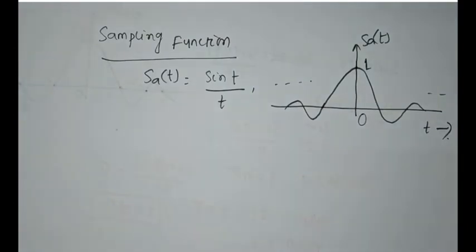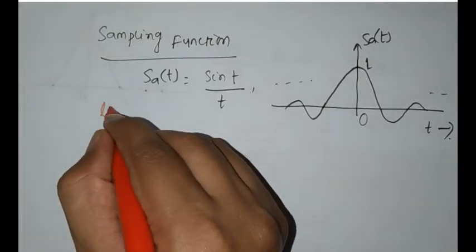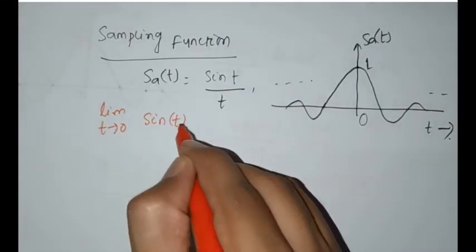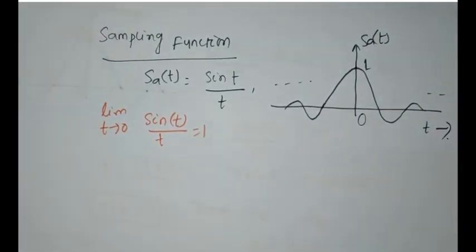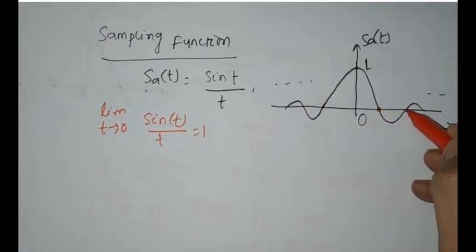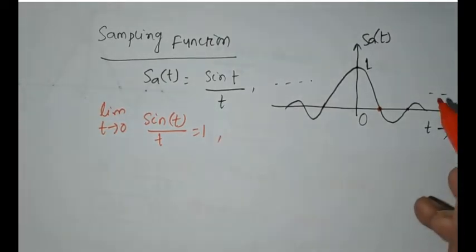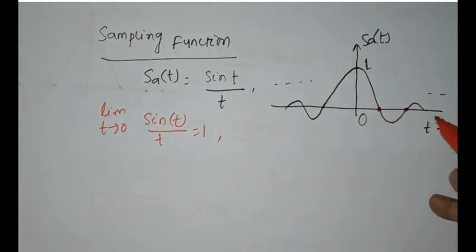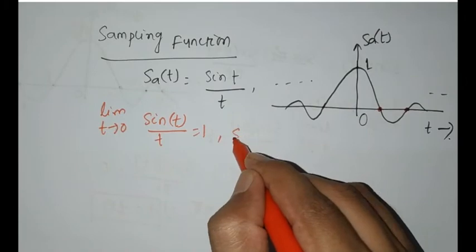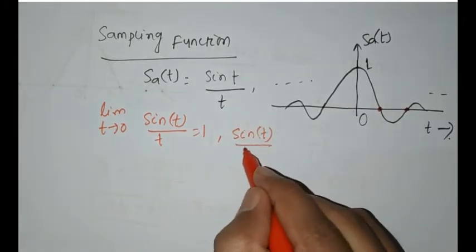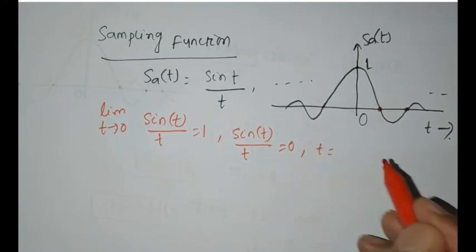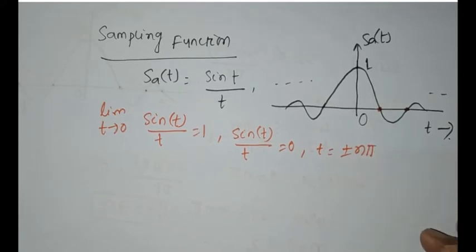Now the analysis is the same. Why is it 1 at t equals 0? Because the limit as t tends to 0 of sin t by t equals 1. And what is this value? These are 0 values now. This signal is reaching the 0 axis. Now it is very clear. Sin t by t equals 0 for t equals plus or minus n pi.